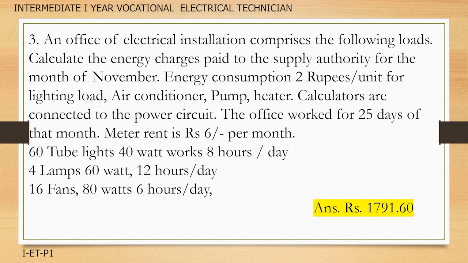The office worked for 25 days of that month. Meter rent is 6 rupees per month. 60 tube lights of 40 watts work 8 hours per day. 4 lamps of 60 watts 12 hours per day. 16 fans of 80 watts 6 hours per day. This problem also you have to solve at your home.